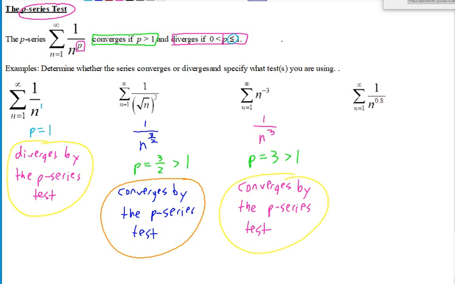And then this one, sometimes you might have it written as a decimal. p in this case is equal to 0.8, but notice that's less than or equal to 1. So this one diverges by the p-series test.